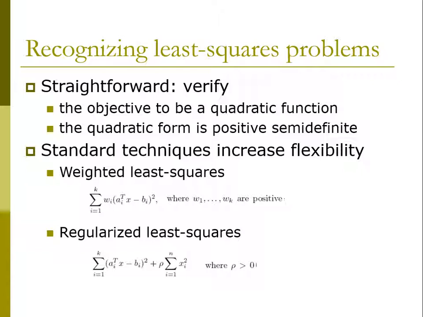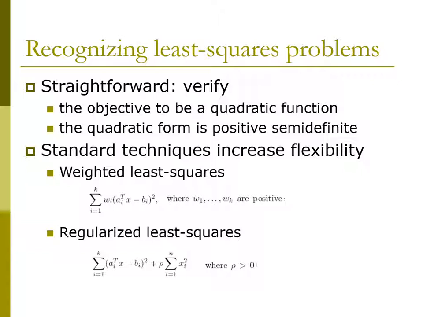Recognizing a least squares problem is straightforward. We only need to verify that the objective is a quadratic function, and the basic least squares problem has a simple fixed form. Several standard techniques are used to increase its flexibility in applications. For example, the weighted least squares.